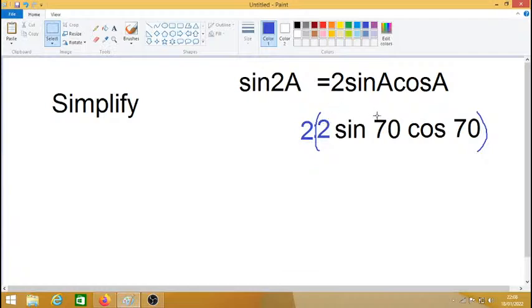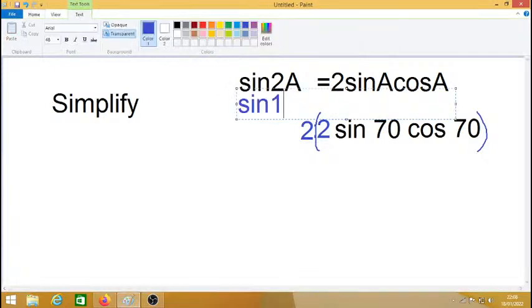So now the 2 sine 70 cos 70 does match the 2 sine a cos a, so that can be replaced with sine of 2a. Remember, a is 70, so 2a would be 140. So I can write sine of 140.